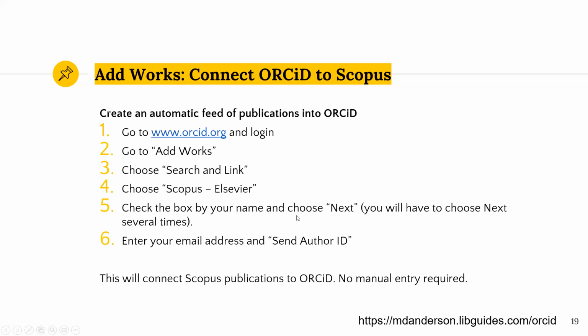Are you sure it's your name? Are these your publications? Are you sure they're your publications? Once you do that, you can just enter your email address, and there's a button that says send author ID, and it will connect all your publications to your ORCID. You don't have to do manual entry to add all your publications.